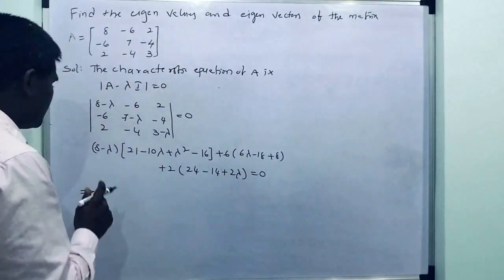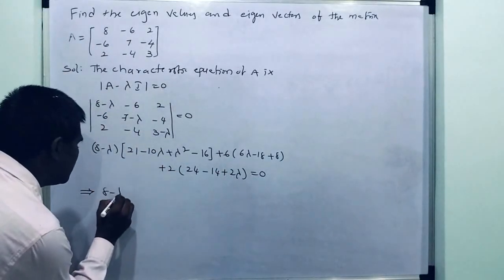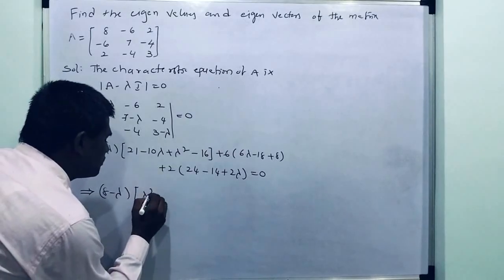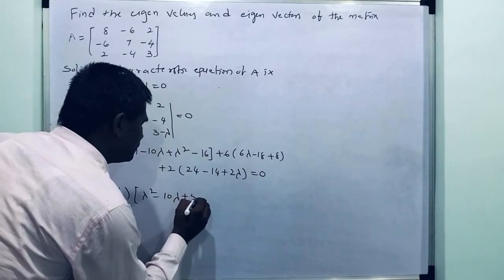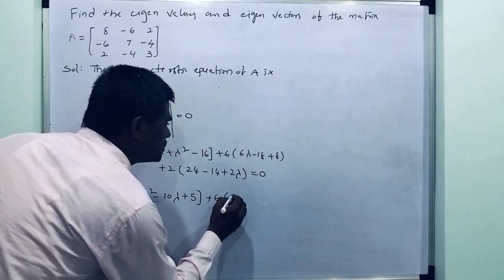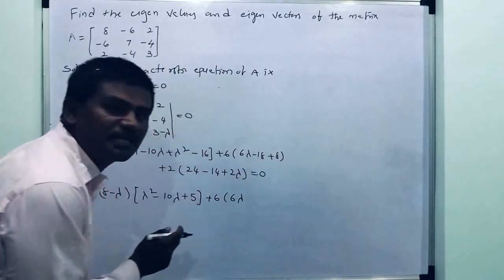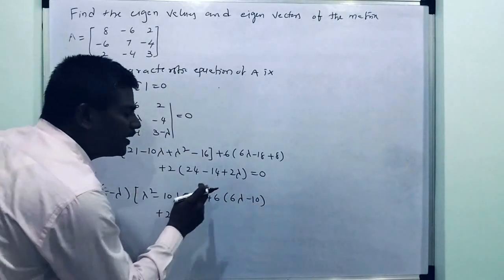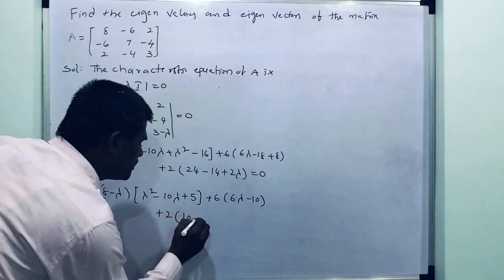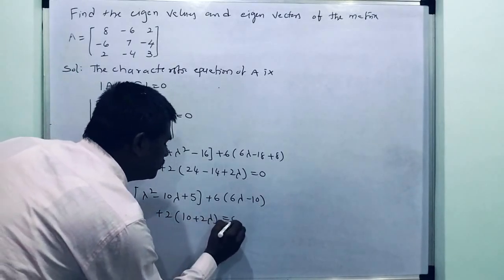Now let us simplify, that is (8 − λ)(λ² − 10λ + 21 − 16) + 5 + 6(6λ − 18 + 8) − 10 + 2(24 − 14 − 10 + 2λ) = 0.